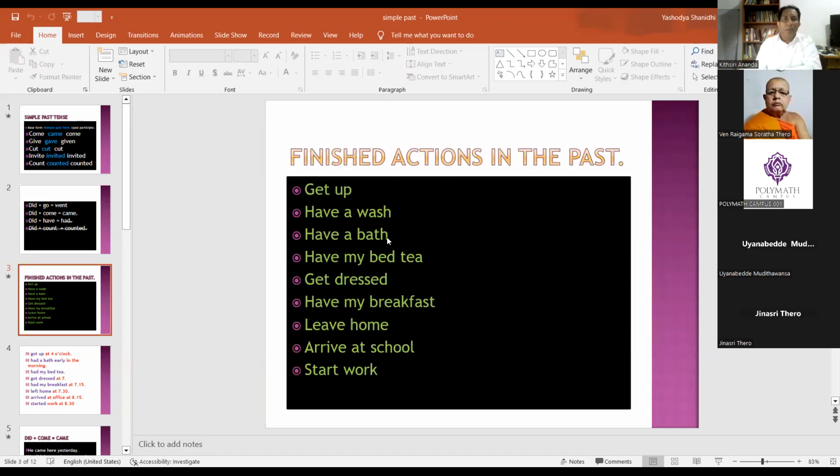And now you can see a few actions: get up, have a wash, have a bath, have my morning tea, get dressed, have my breakfast, leave home, arrive at school, start work.